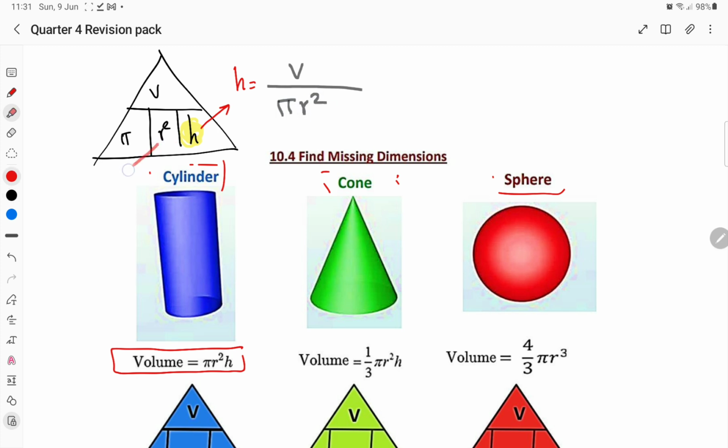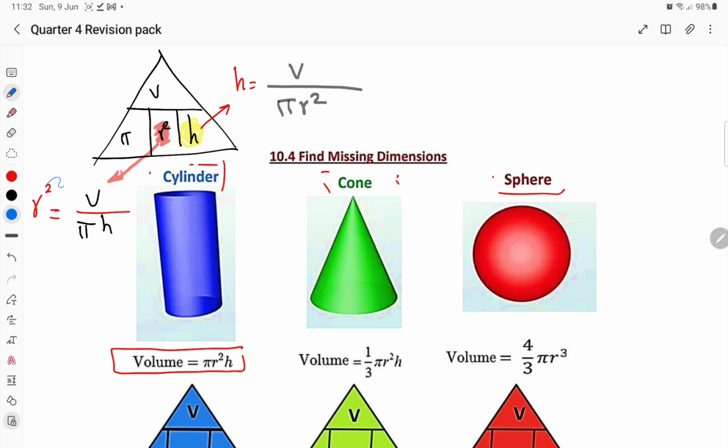And regarding the radius squared, can you find it? Yes. How can I find it? Again, let's highlight it together. So now the radius squared is equal to volume over pi h.